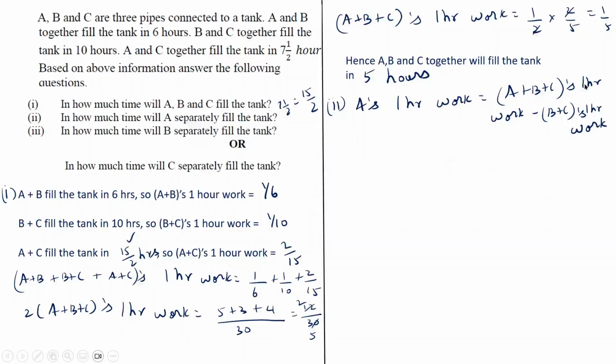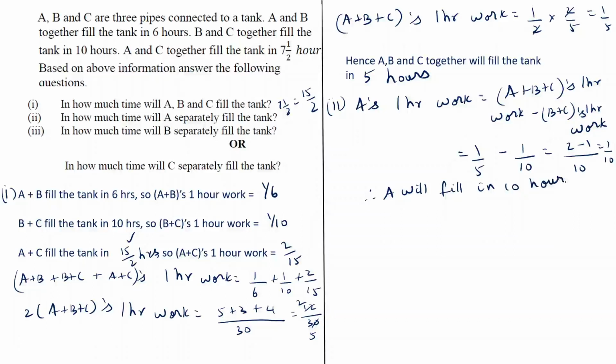So A plus B plus C's 1 hour work is 1 by 5, minus B plus C's 1 hour work, 1 by 10. Here LCM is 10. So 2 minus 1, which is 1 by 10. Therefore A will fill the tank in 10 hours.